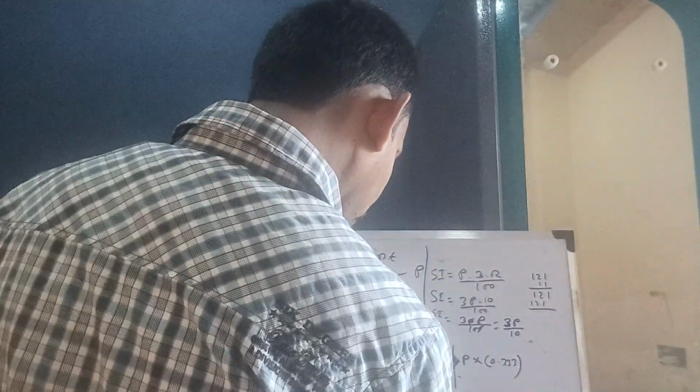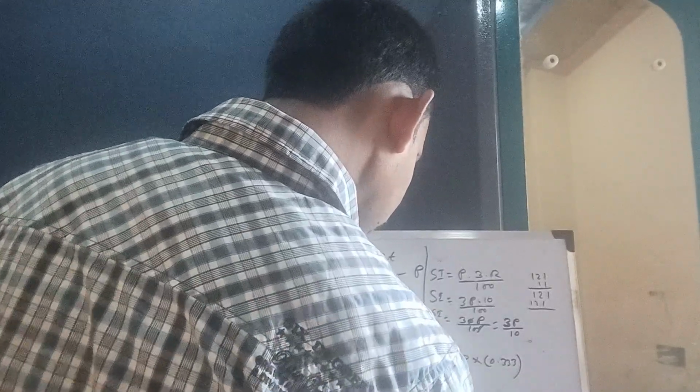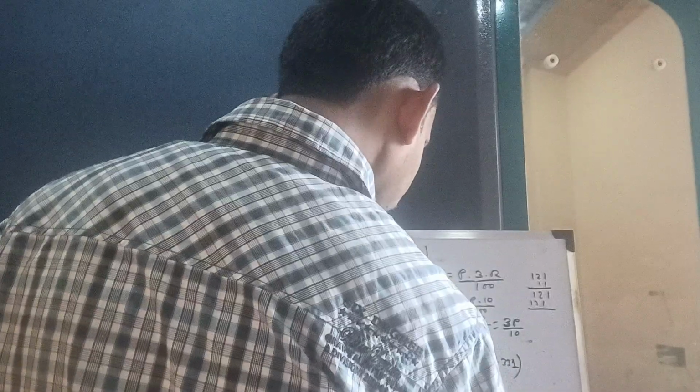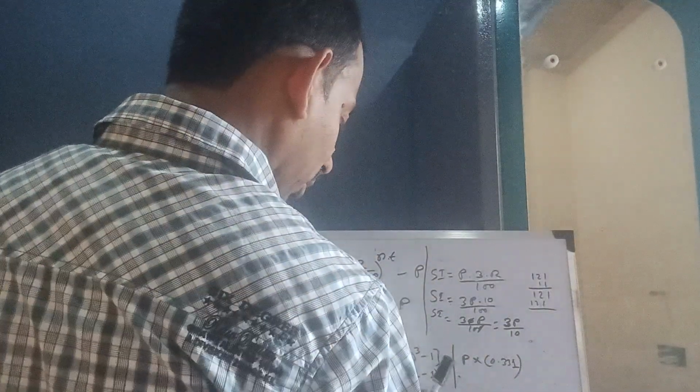So it means 0.331. P into 0.331, because 1.331 minus 1 leaves just the part after the decimal point.